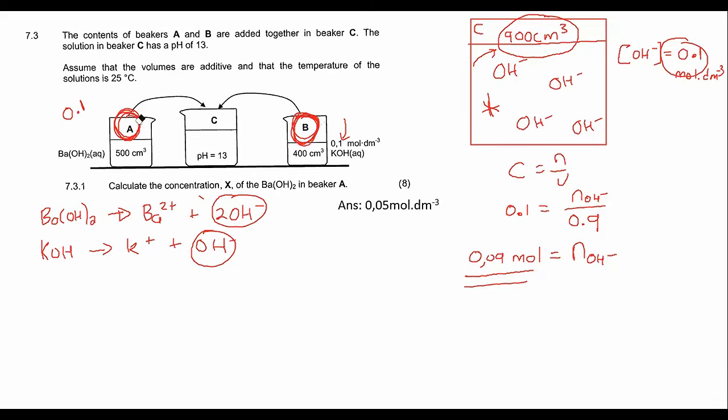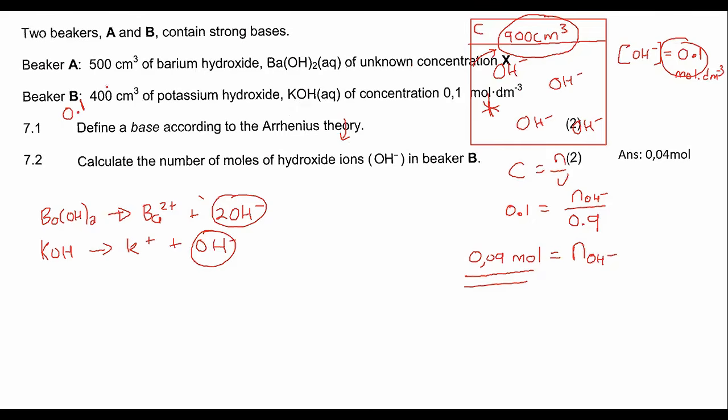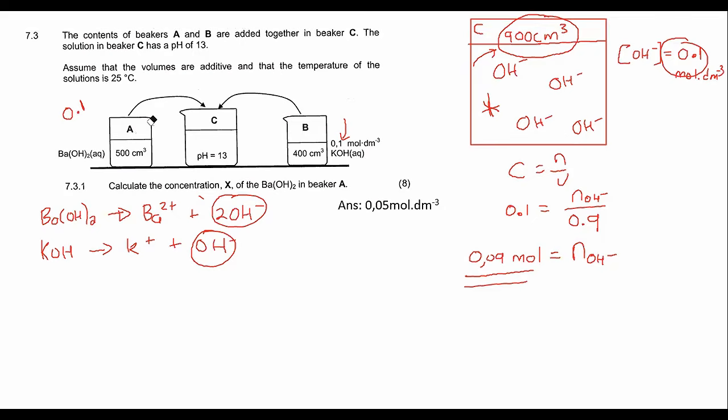Now, if you remember correctly, in the previous question, they asked us to calculate the number of moles of hydroxide ion in beaker B, and we calculated that as 0.04. So we know that this container over here was responsible for 0.04 moles of OH minus.